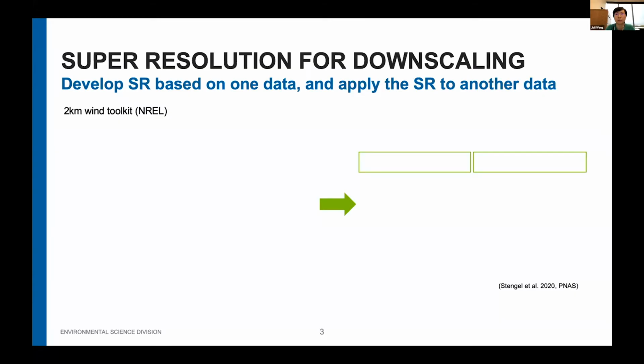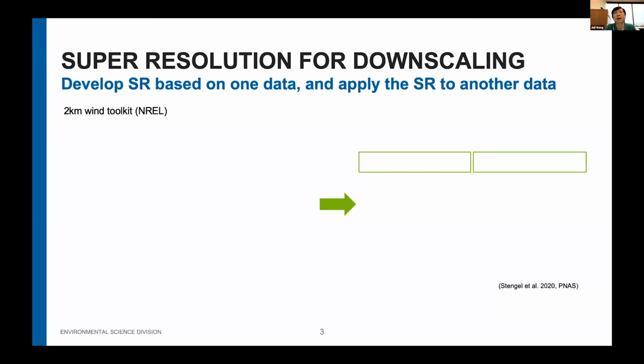First of all, it takes a high resolution, high fidelity data set to serve as the ground truth. Here I was going to talk about a data set developed by Encoder. It's the WIND Toolkit data at a grid spacing of 2 kilometers. It's a published paper, if you're interested.